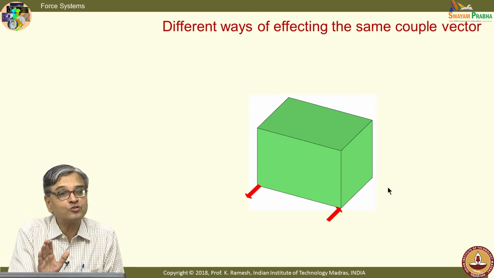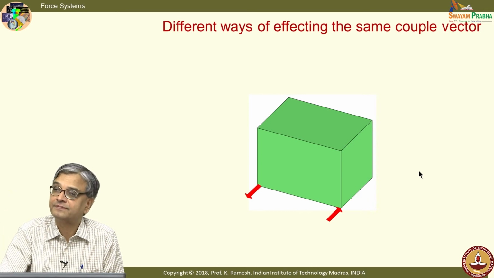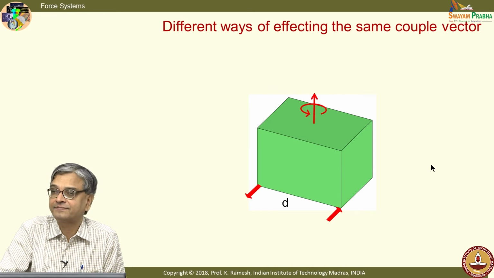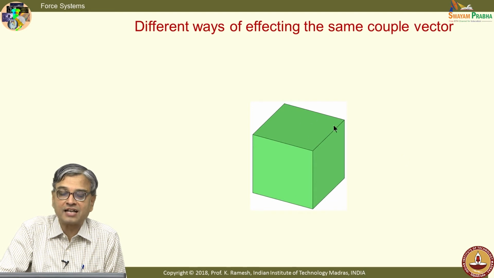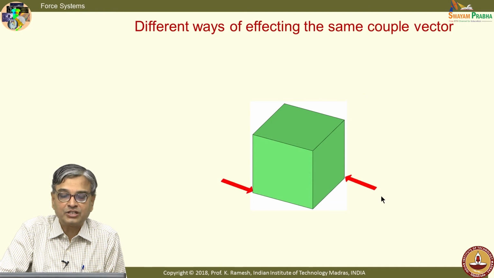This force system also will result in the same couple. The rotatory effect for this system is identical. Then I take a distance as half and I double the force application. I increase the force by 2 times and I cut this distance. Then again the rotatory effect is identical. Whichever way I do it.